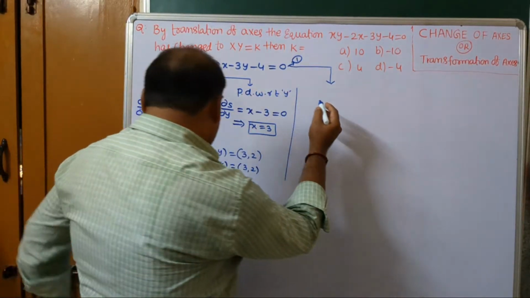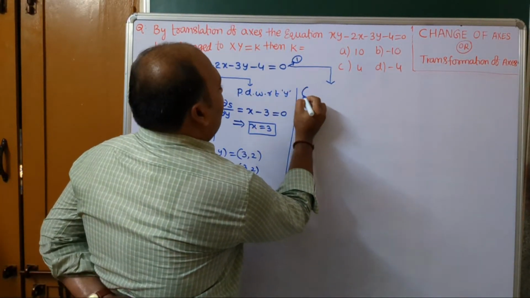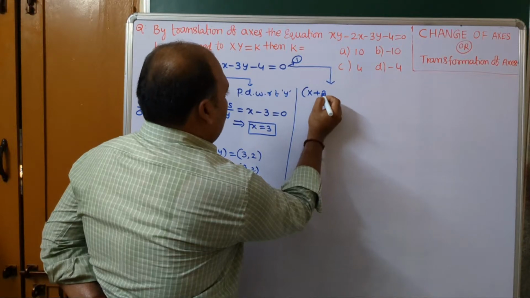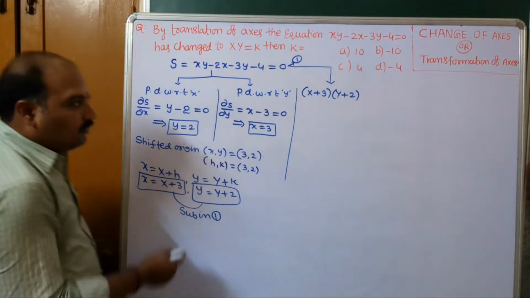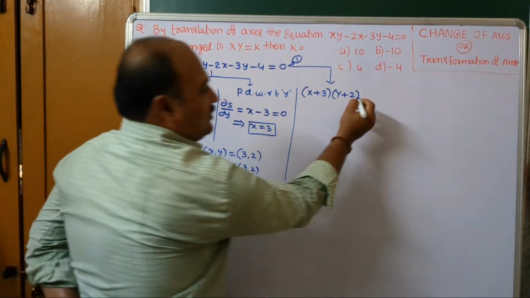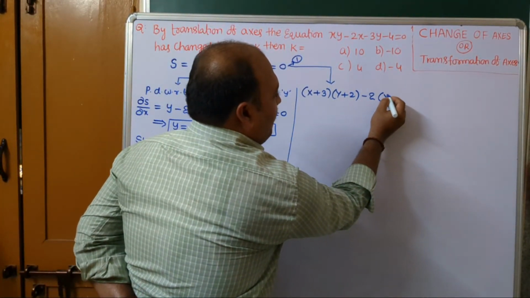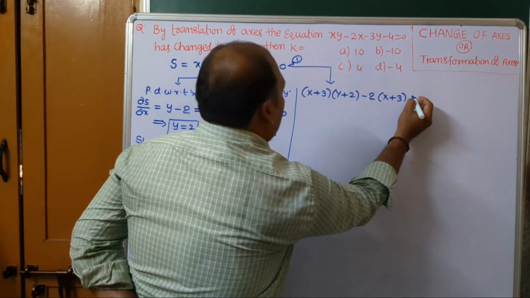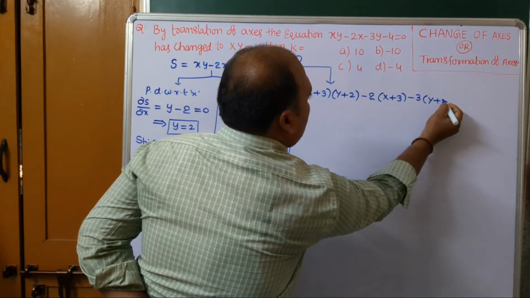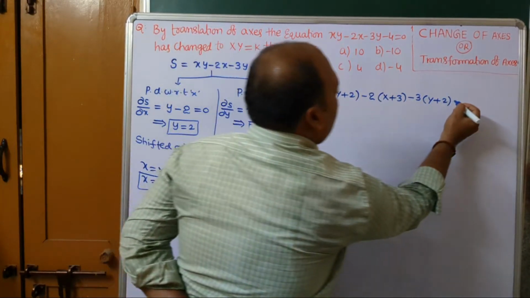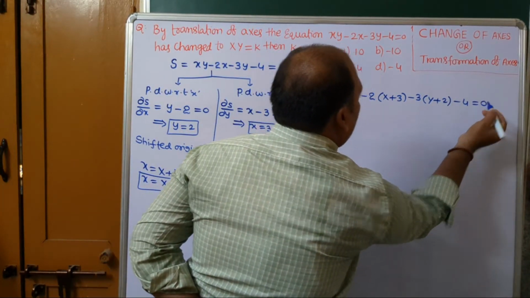Equation 1 becomes (X plus 3)(Y plus 2) minus 2(X plus 3) minus 3(Y plus 2) minus 4 equal to 0.